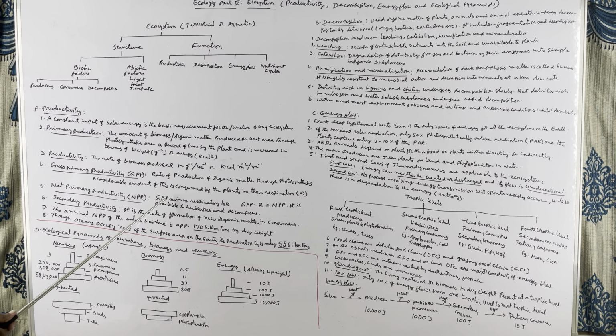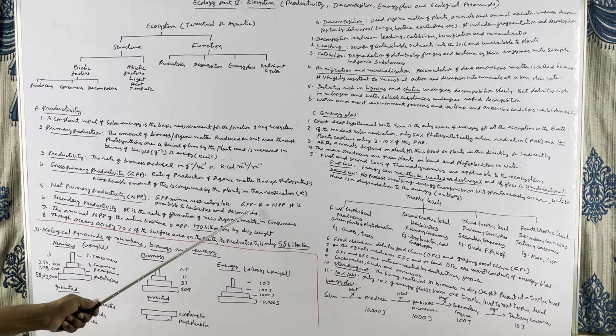So, gross primary production minus respiratory loss is net primary production. And this net primary production is available to the organisms present in the next trophic level, that is consumers or herbivores. So GPP minus R is equal to NPP.